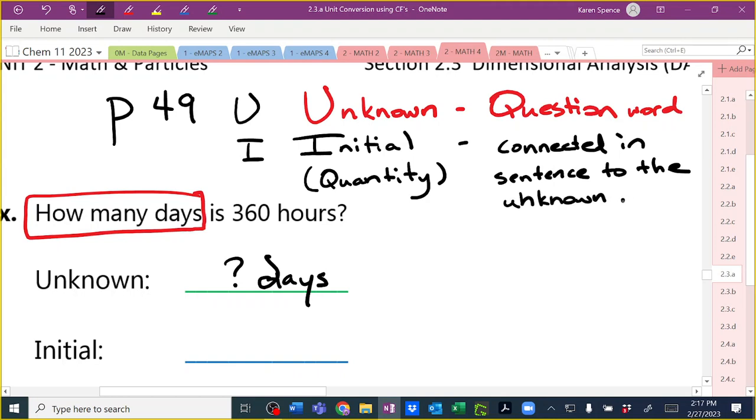This one is really easy. There's not much sentence to do the connecting, but there is a connecting word here. The connecting word is, okay? And it connects days with 360 hours. That is your initial quantity, 360 hours.